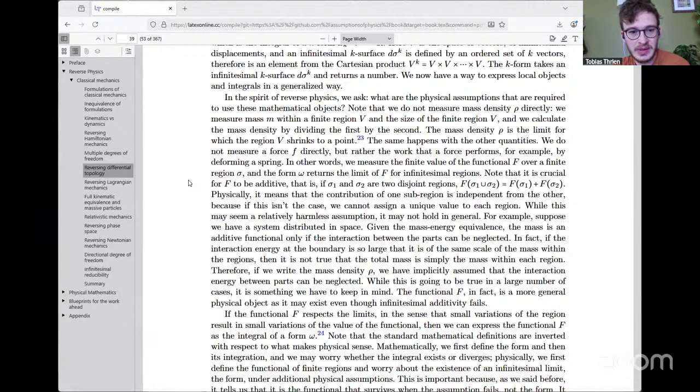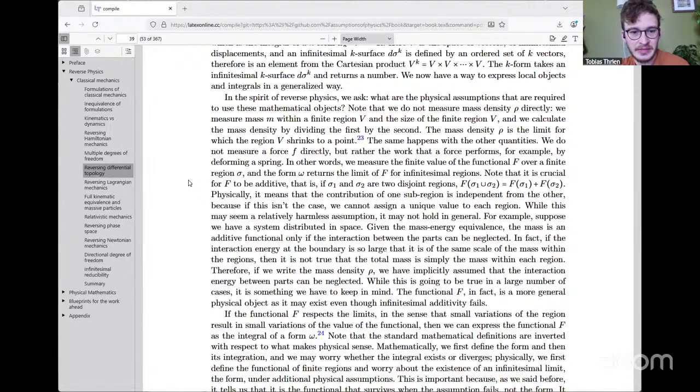While this may seem a relatively harmless assumption, it may not hold in general. For example, suppose we have a system distributed in space. Given the mass-energy equivalence, the mass is an additive functional only if the interaction between the parts can be neglected. In fact, if the interaction energy at the boundary is so large that it is of the same scale as the mass within the regions, then it is not true that the total mass is simply the mass within each region.